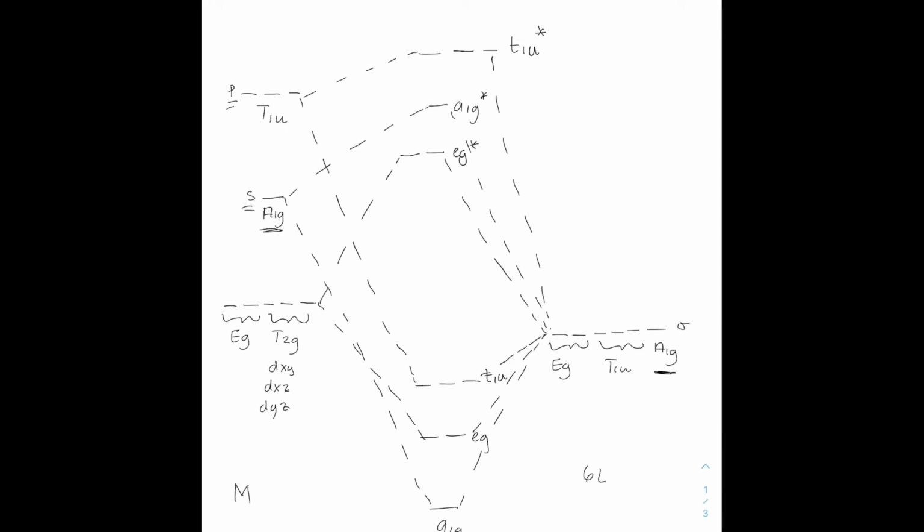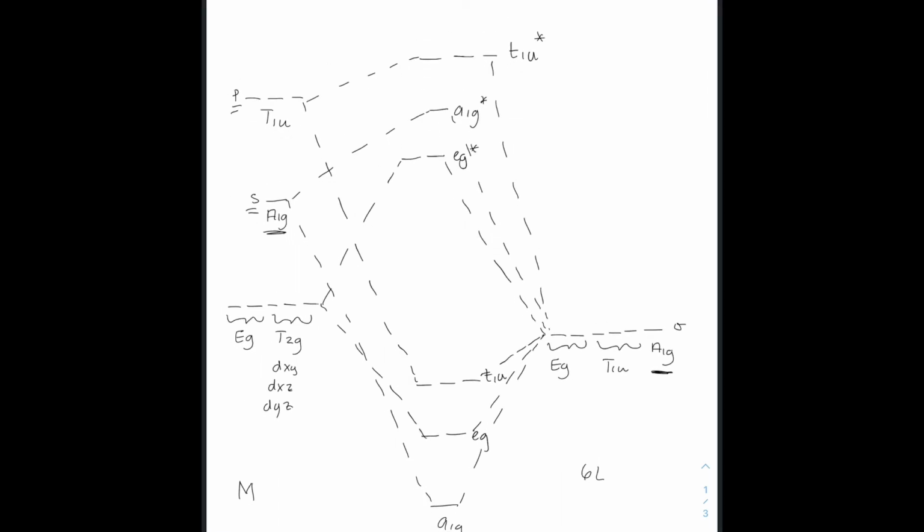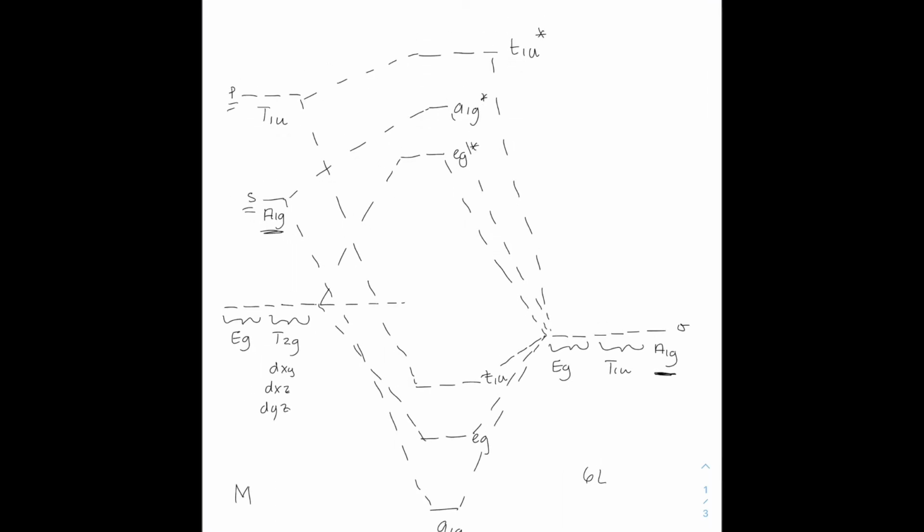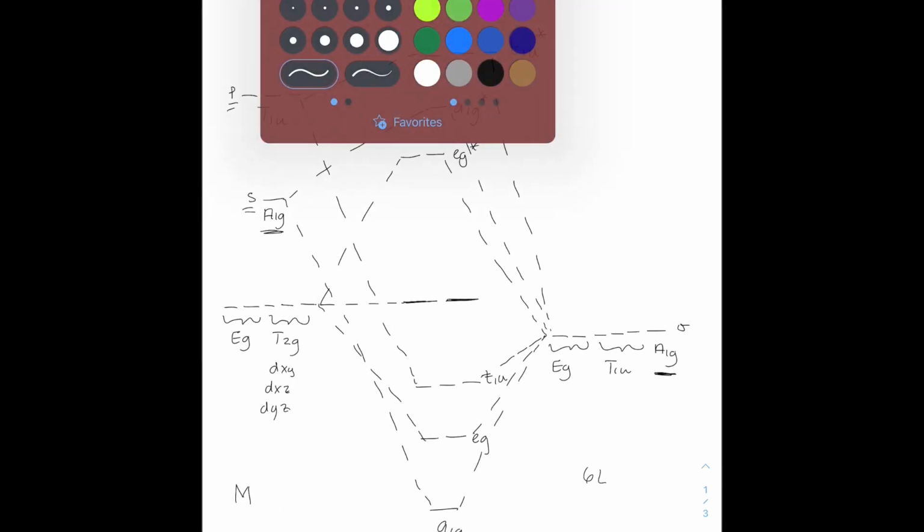And then last but not least, we have our T2G orbital that we haven't included yet. We only have the T2G on the left side. The EG is present on both sides, T1U is present on both sides, A1G is present on both sides. They are all able to interact except for the T2G. So it's only present on the left side, and it's just going to come out to the center like this and form non-bonding orbitals.